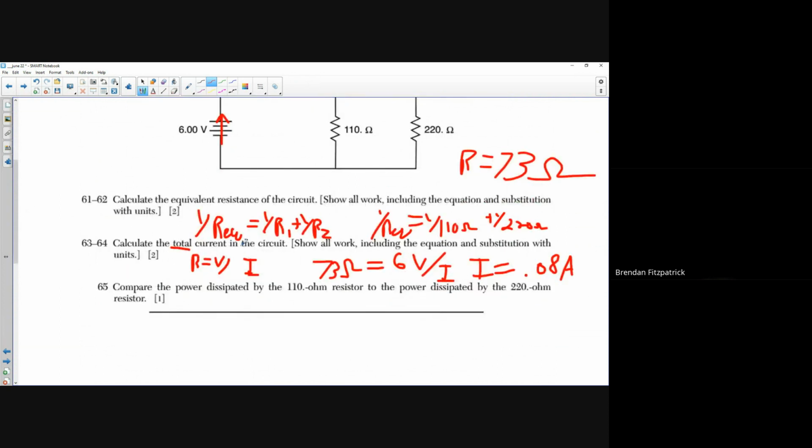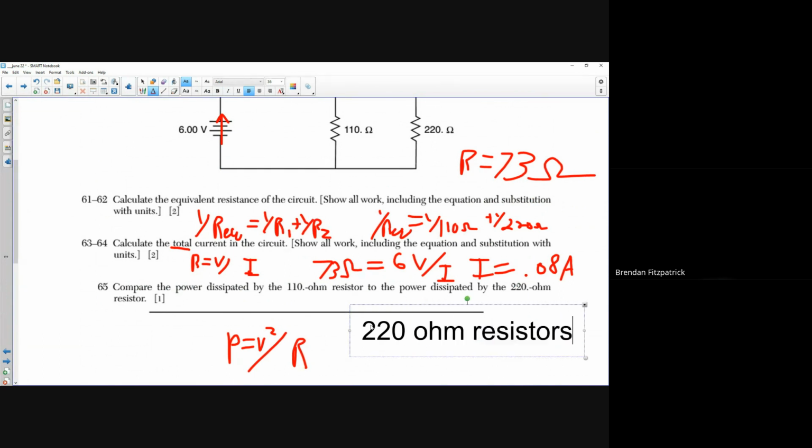65. Compare the power dissipated by the 110 ohm resistor compared to the power dissipated by the 220 ohm resistor. Power is equal to voltage squared divided by resistance. So because they're in parallel, they get the same voltage. So the larger resistance, the 220 ohm resistor, uses less power.